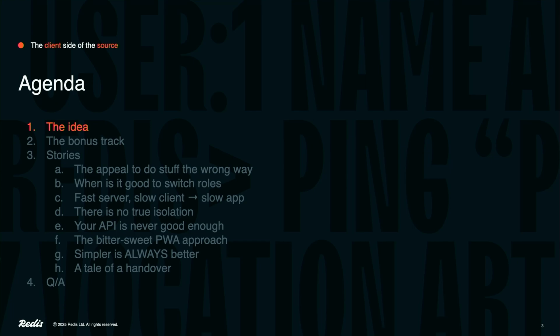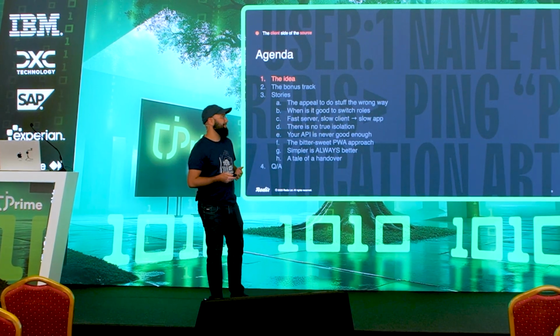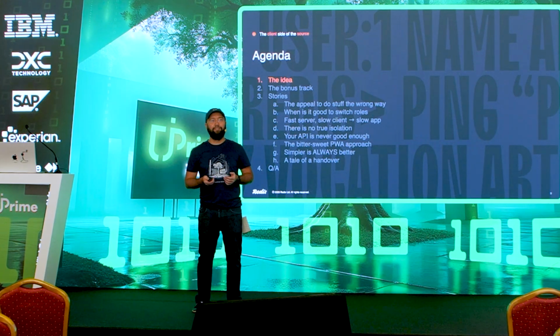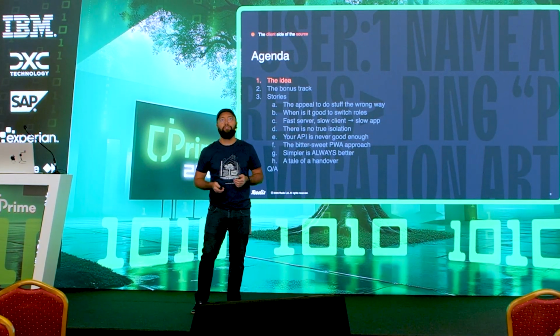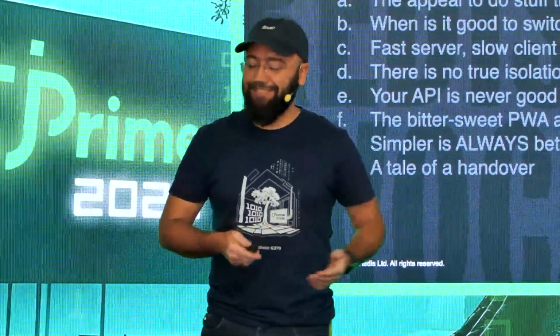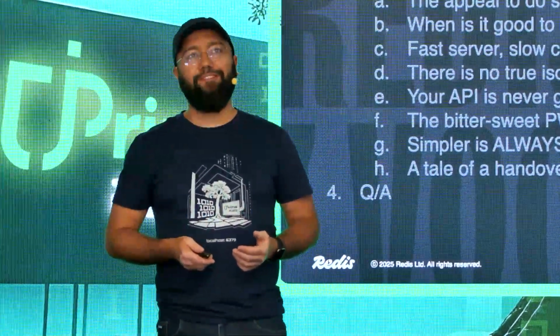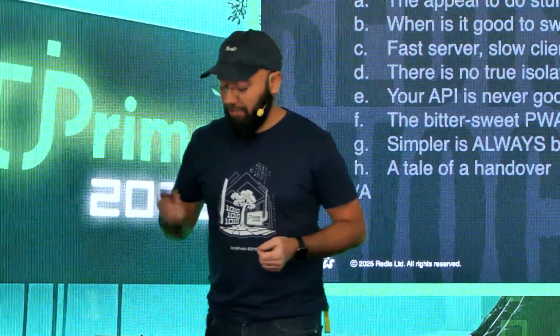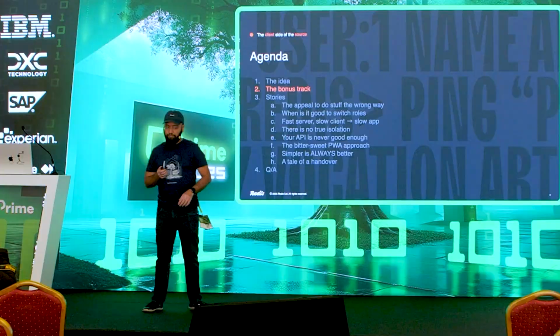But because it would not be honest to skip the information about client-side, client-server communication and client-side development, I have a bonus track at the beginning of the session, which is basically telling you everything you should know about client-server communication and what you would otherwise learn from ChatGPT.